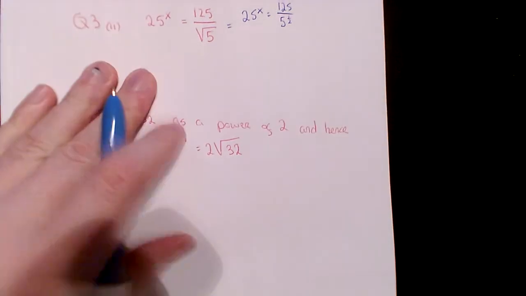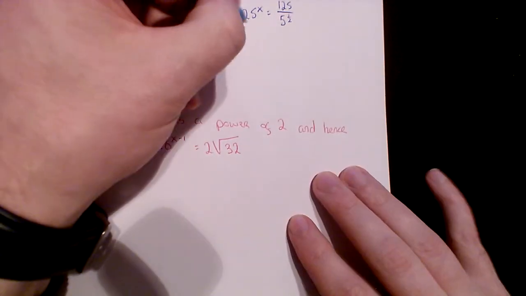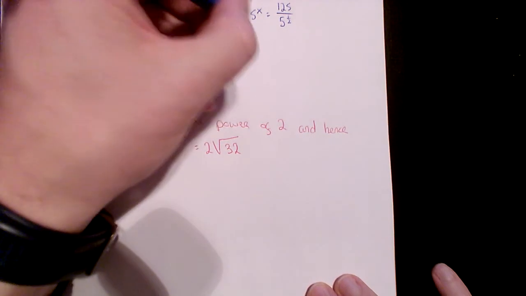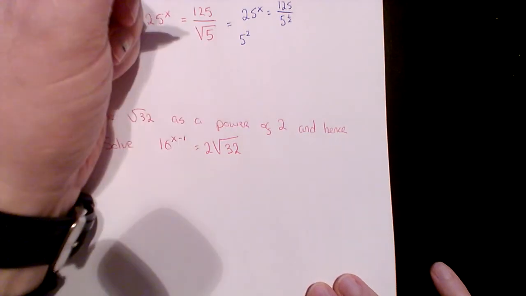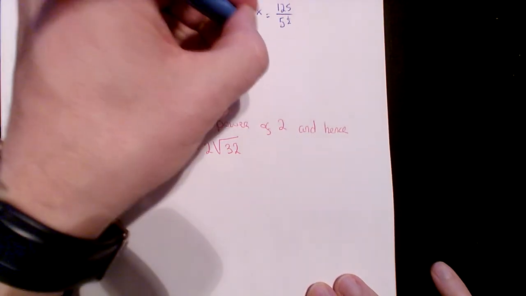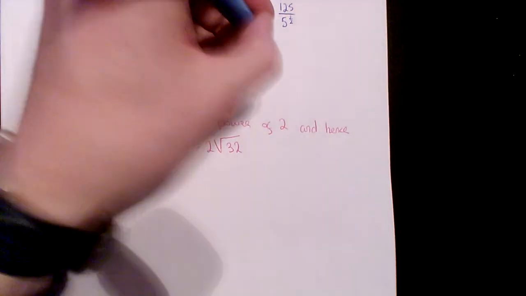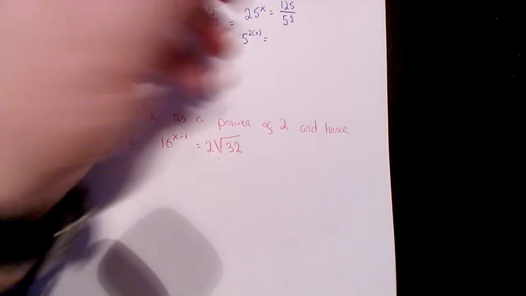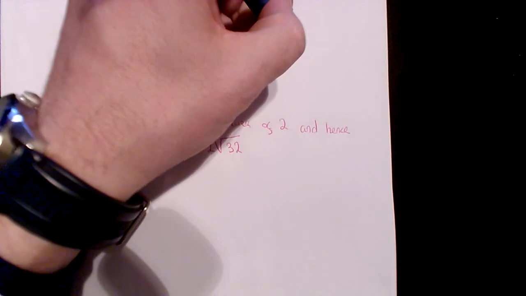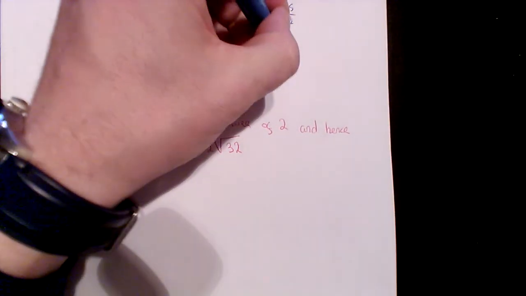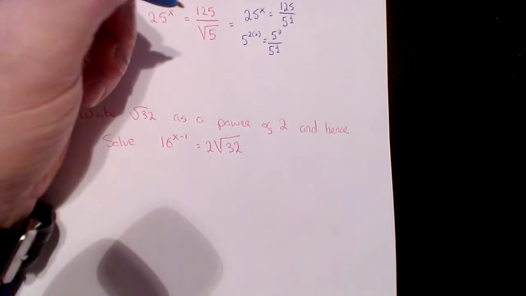Right, so here we go. I'm going to write 25 as a base of 5, which is 5 squared, multiplied by the x, equals. Now, 125 is 5 cubed, all over 5 to the power of a half.